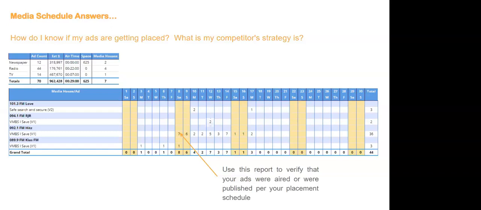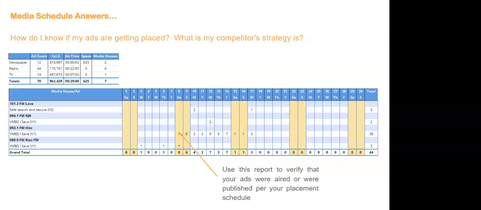So it's very important that you have a tool, like I said, that enables you to protect your investment and verify that your spots are airing as requested, and also discover and quickly correct any media house errors early, instead of having to wait until the end of a campaign.